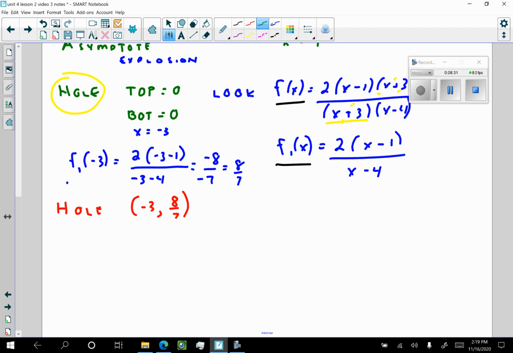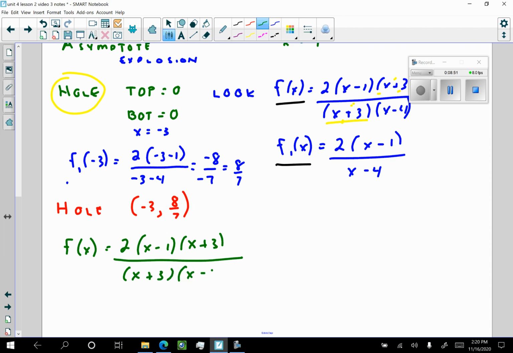So let's find the end behavior. To find the end behavior, I'm going to look at the original function, which is this. And I'm going to see what happens when x goes to quadrillion.